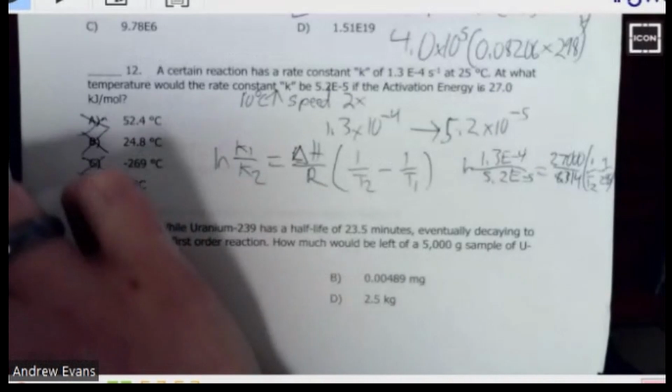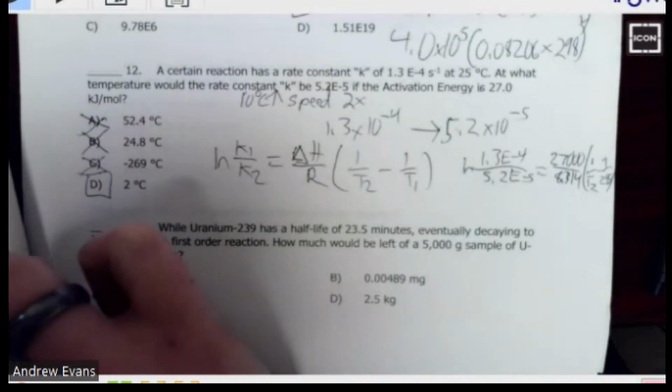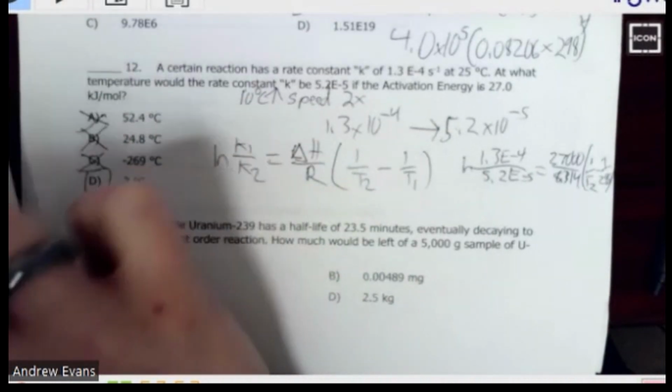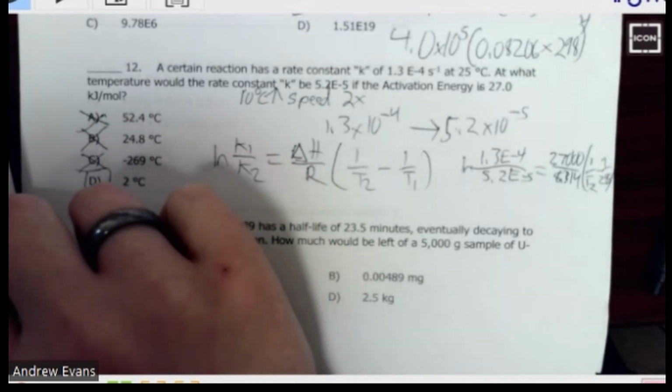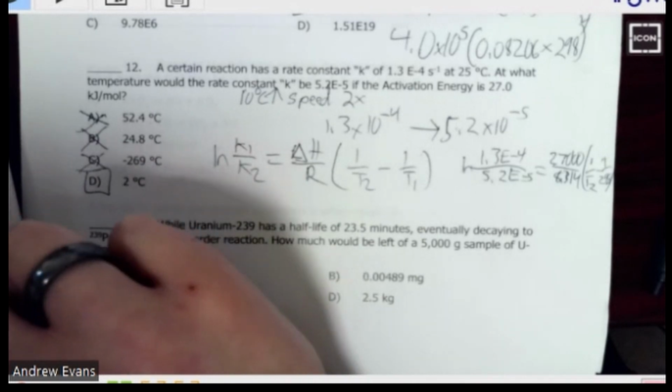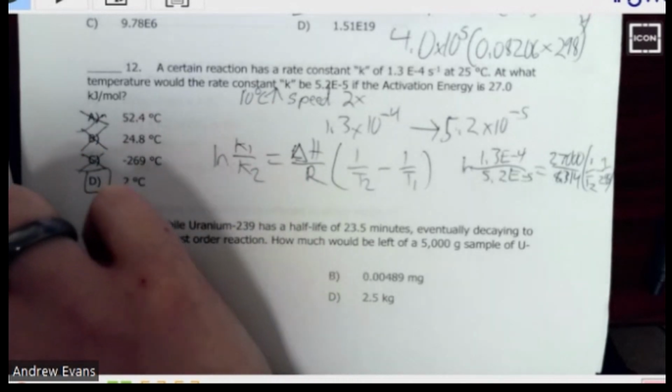Start by evaluating the left side, 13 divided by 5.2. Then I multiply by my R and divide by my delta H. I get a really small number.